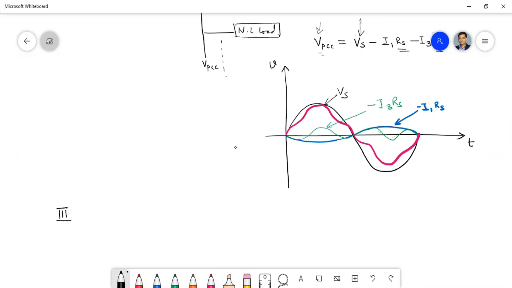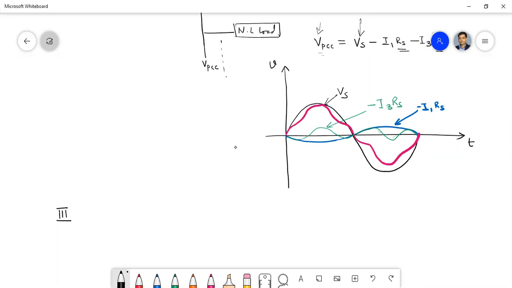Okay, so we can start with induction machines, induction motors. First thing is that if the current contains some harmonics, let us assume 10 to 20% harmonics in the line current, what kind of problem may occur in case of induction motors?